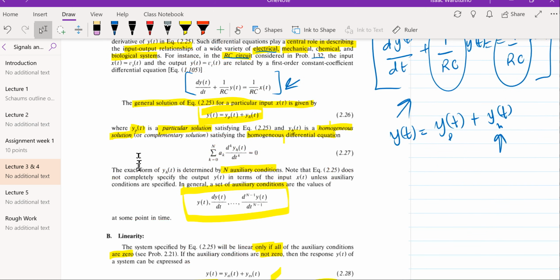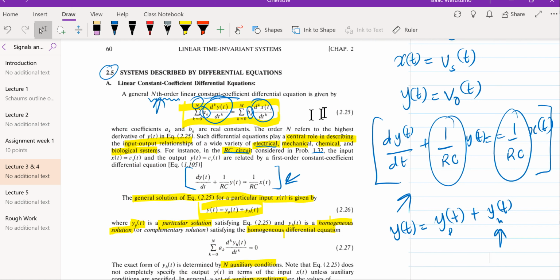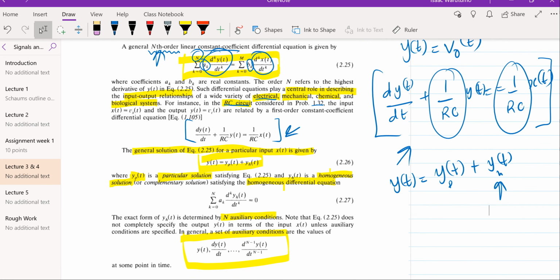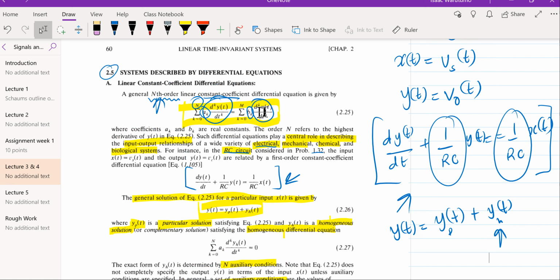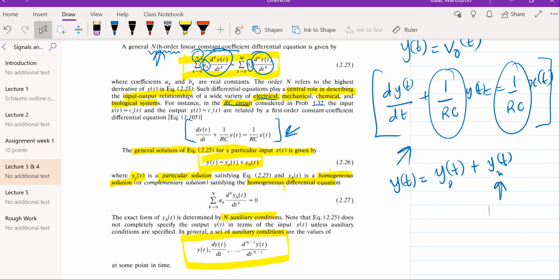We are saying that yp(t), the particular solution, satisfies equation 2.25, whereas the homogeneous solution yh(t), which is also referred to as the complementary solution, satisfies the homogeneous differential equation, that is, when you set the right hand side to 0.